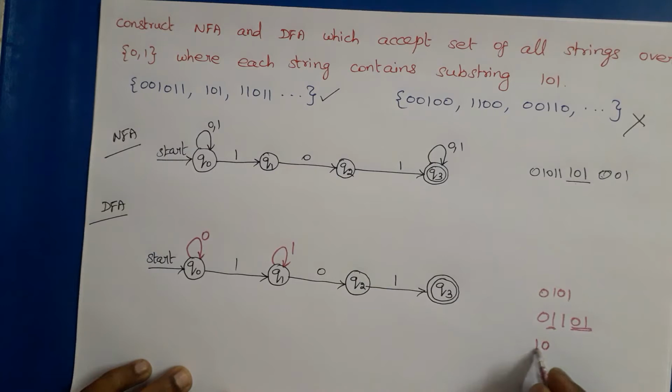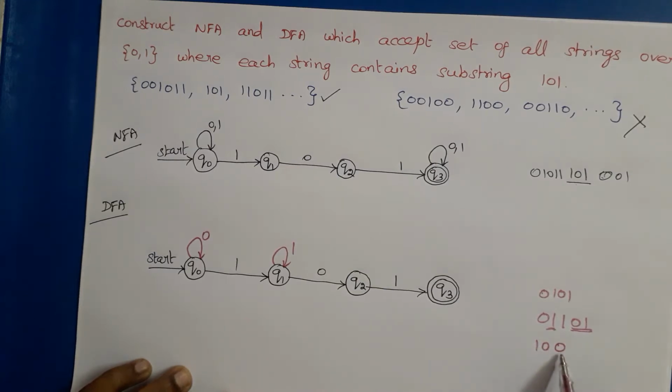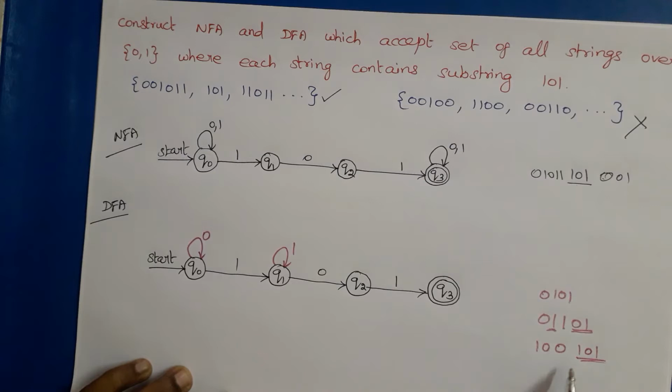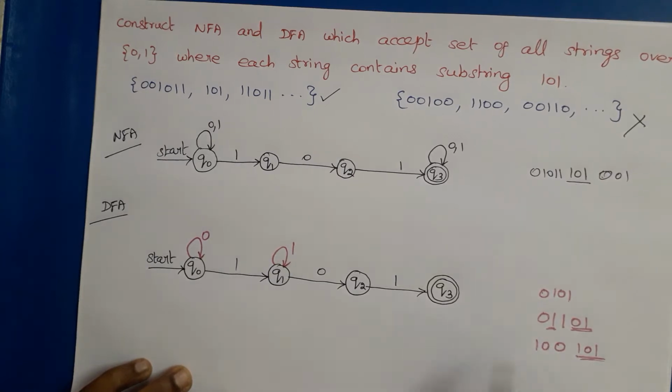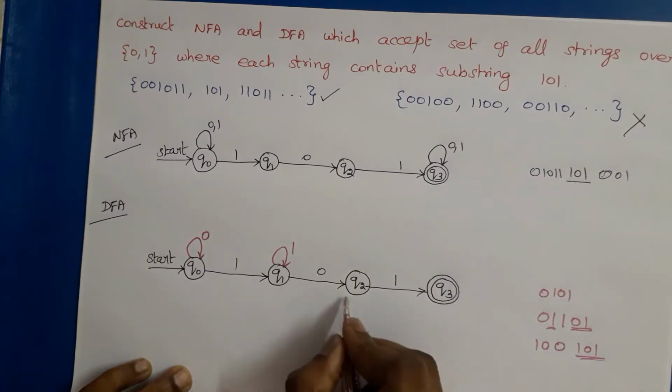So if 0 comes after 1, 0, we again need to wait for 101 to reach the final state.